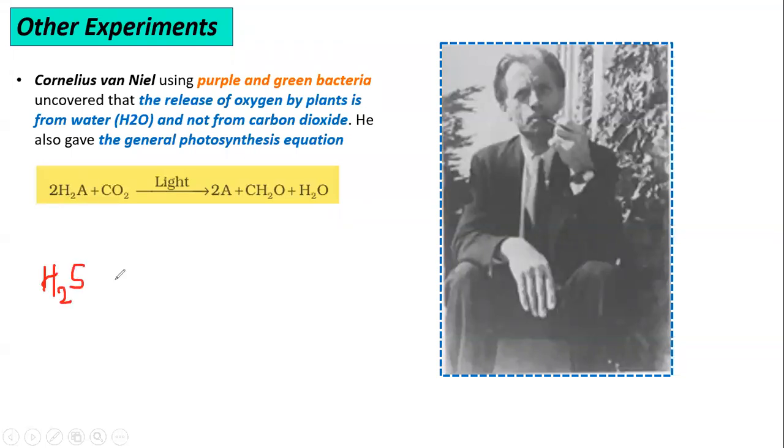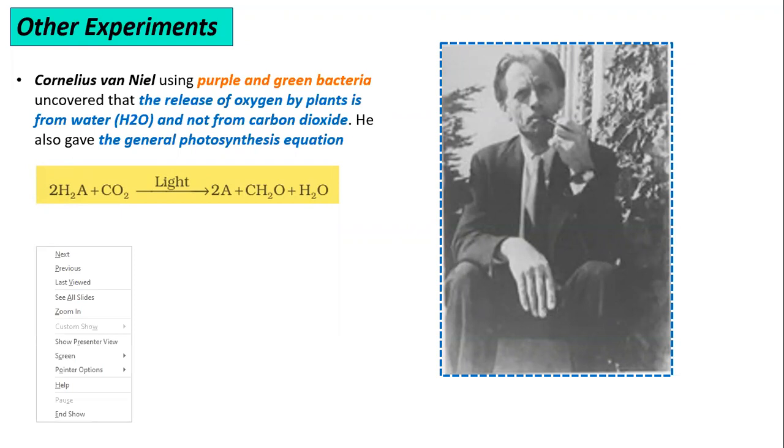Suppose for purple sulfur bacteria, they use H2S plus carbon dioxide, and you will get the final product, 2S. Clear? So he concluded, having observed the presence of sulfur. Similarly, he had to observe oxygen: when you take water over here, you will get oxygen over here. So using green and purple sulfur bacteria, Cornelius Van Niel found out that the oxygen released during photosynthesis comes from water and not from carbon dioxide.